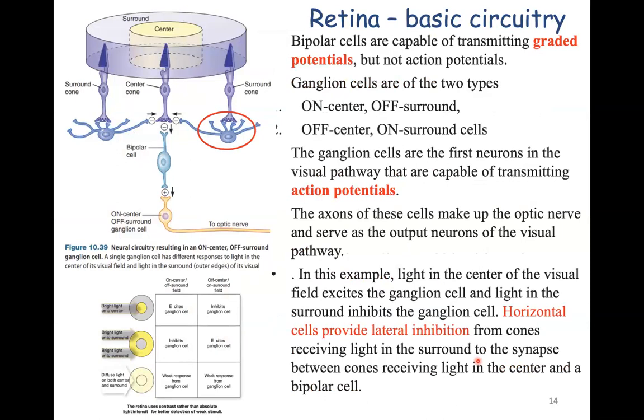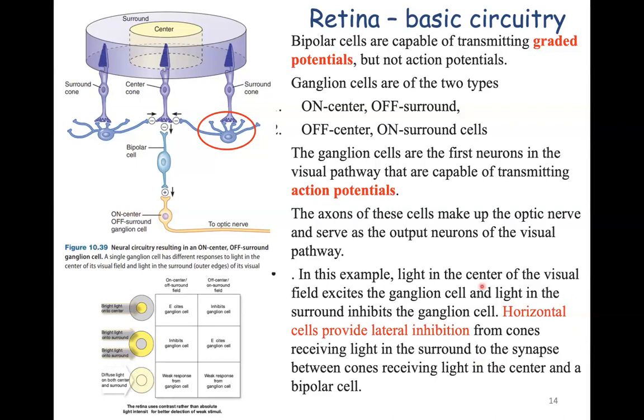So think about graded potentials as a tiny signal between two cells that are adjacent to each other. An action potential can be a single transmission that goes all the way through the length of a neuron. So it's much larger and bigger in magnitude. Also, graded potentials can vary in amplitude. However, action potentials usually have fixed amplitudes.